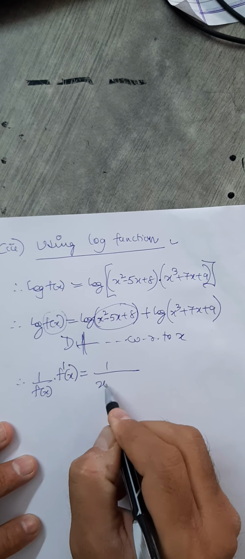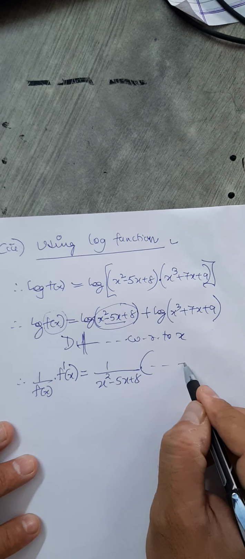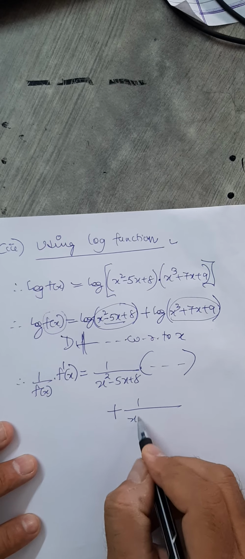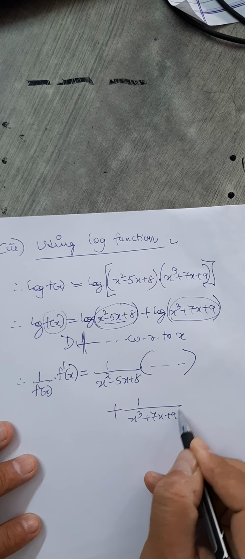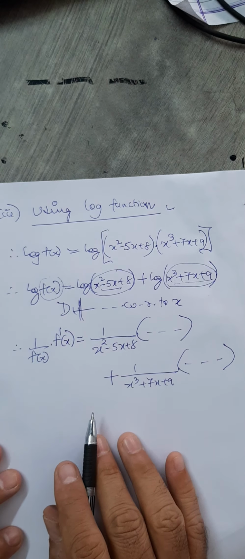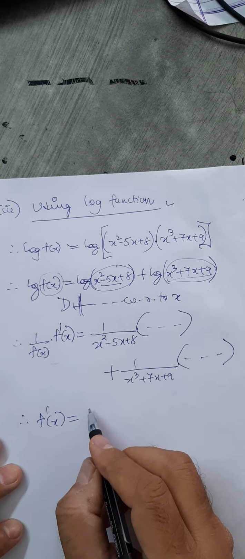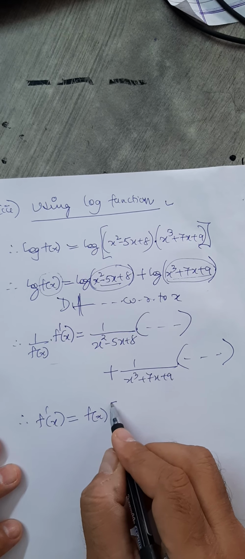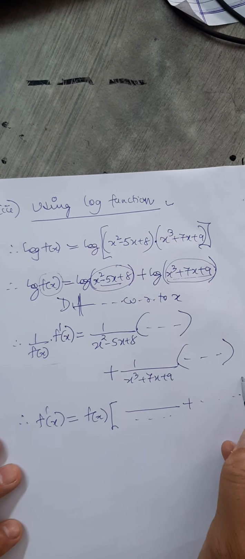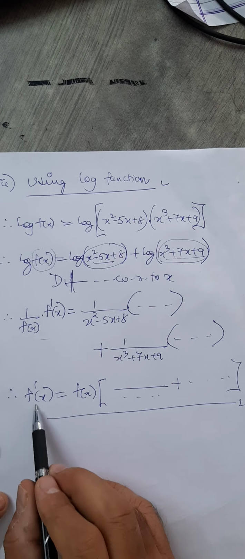So 1 upon x squared minus 5x plus 8 into derivative of this, plus 1 upon x cubed plus 7x plus 9 into derivative of this, chain rule, remember. And then finally f dash x equals, this f will go this side, f(x) into this upon this plus this upon this, and you simplify finally. So you will get the required f dash x.